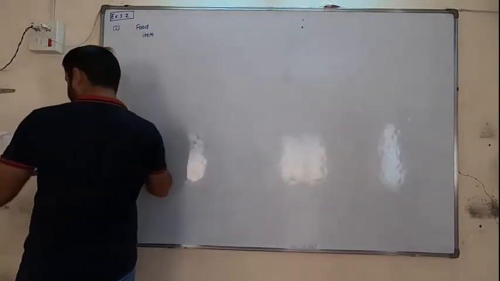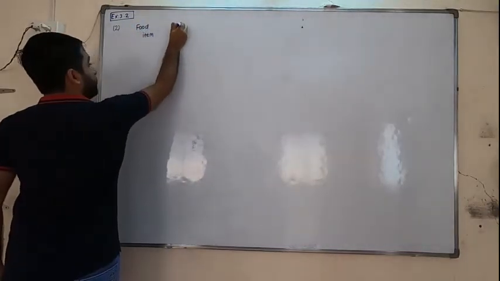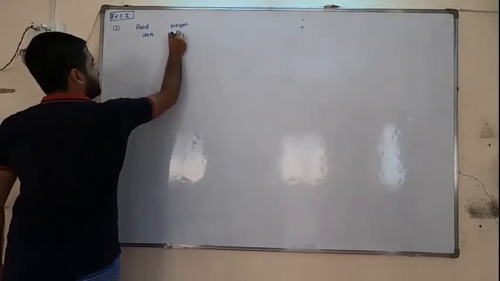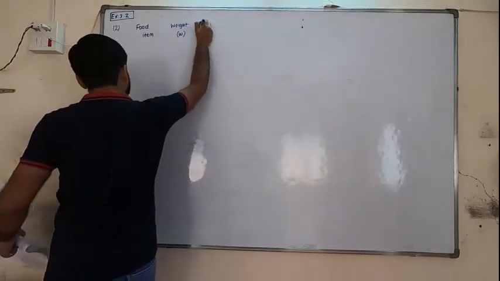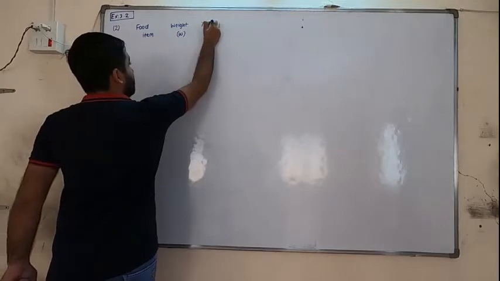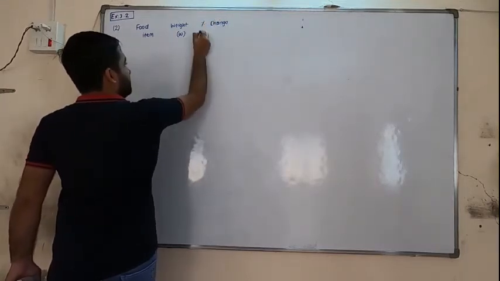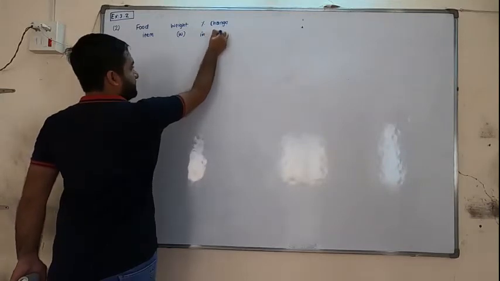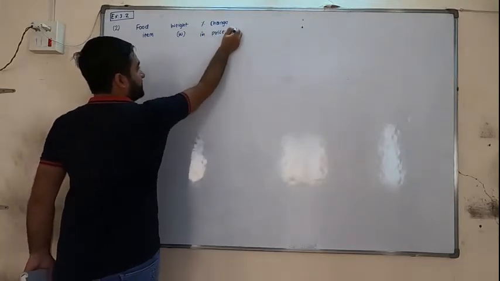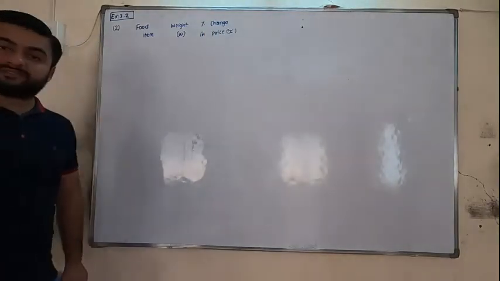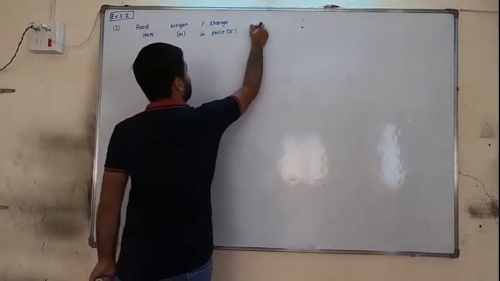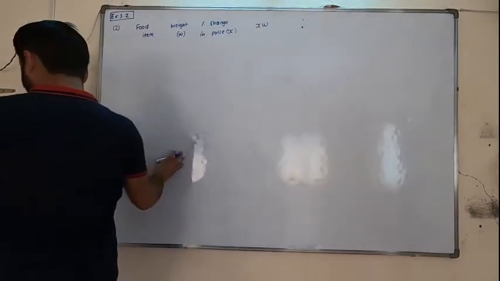Food item. Now weight is given. So weight is denoted by W. Percentage change in price. Now friends, why this is X? Because this is W, so the remaining value is X only. We need a column which multiplies XW.